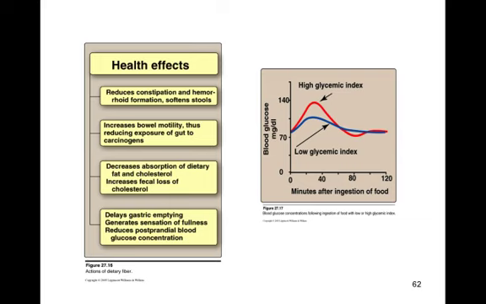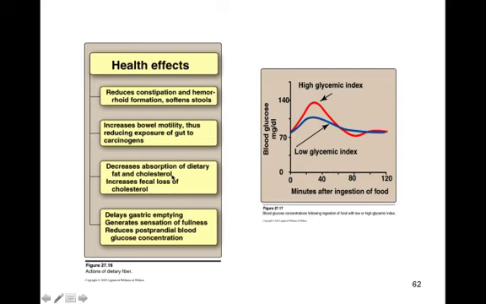So, the fibers dilute the fecal carcinogens, which otherwise would promote tumors by increasing colonic cell proliferation, and therefore they reduce the intestinal transit time, hence limiting the exposure of the colon to carcinogens.